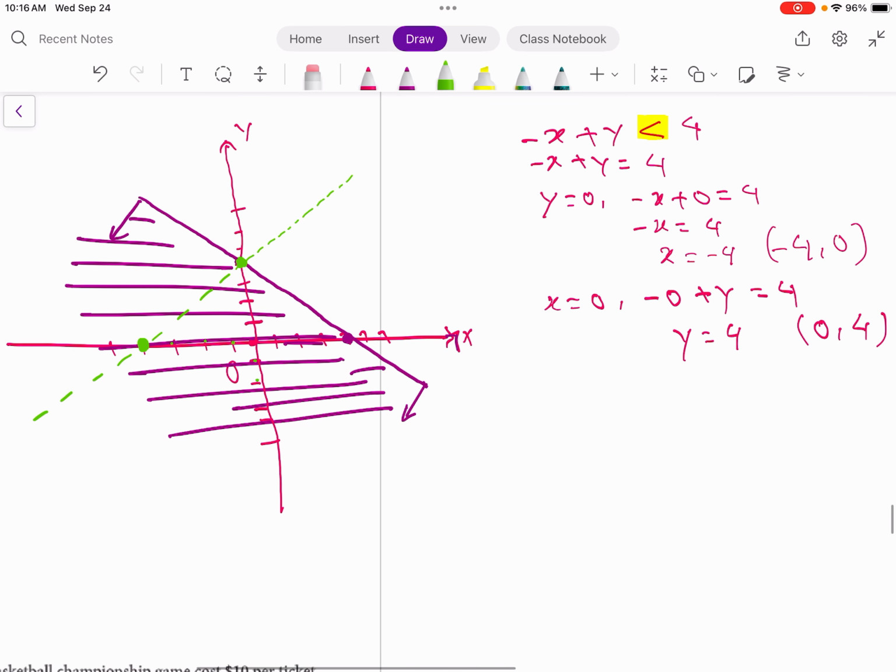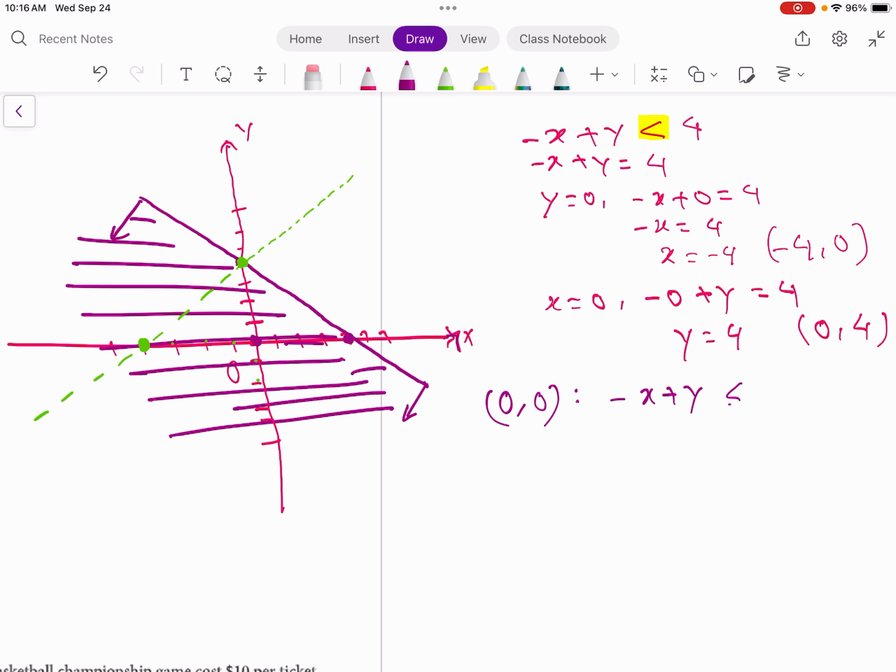Now we choose a testing point. We can again choose 0, 0, right? So 0, 0 is not on the line, so we can choose 0, 0. So let's choose 0, 0 as our testing point. You write down your inequality and check whether that point is a solution or not.